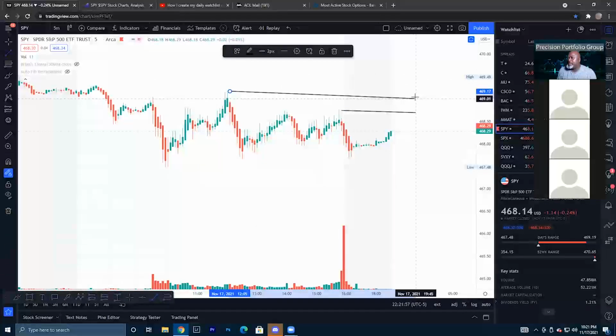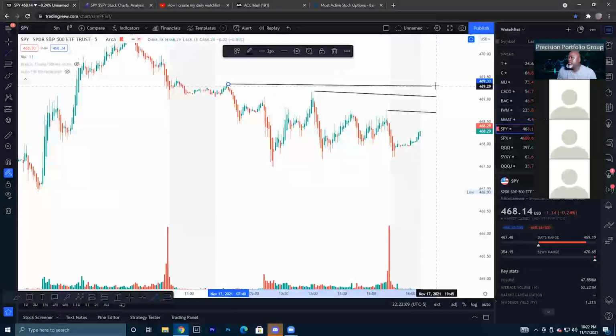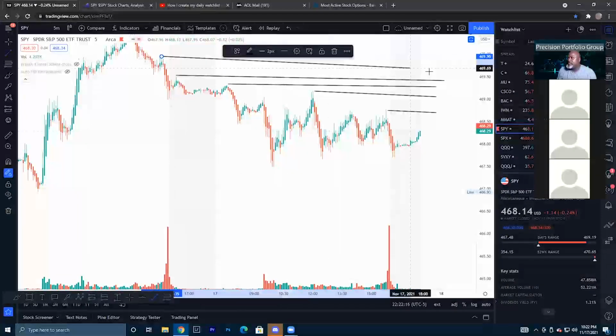Even if it goes here, I'll continue to stay in the play and plot an exit strategy, plot a target. That's one target. This could be another target here. If it continues to go up, this could be another target, and this could be another. Why?